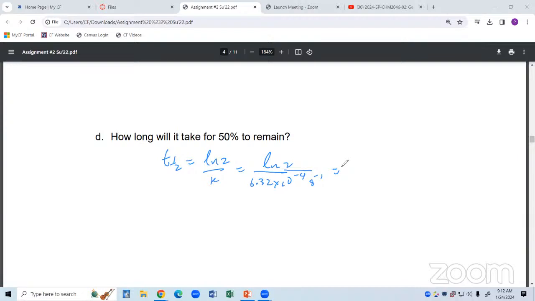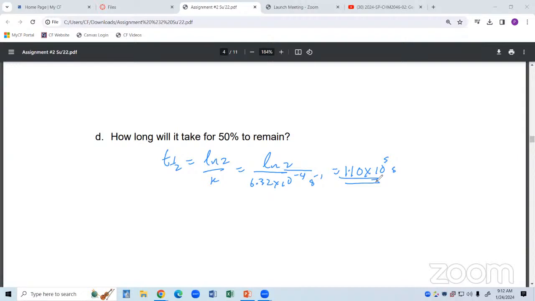Since we know the half-life equation, and we know it's 50% remaining, that's all we have to do. So ln 2 divided by 6.32 times 10 to the minus 4, and according to my calculations, rounded off to 3 sig figs, that's equal to 1.10 times 10 to the 3 seconds. All right. So that's basically how that is done.